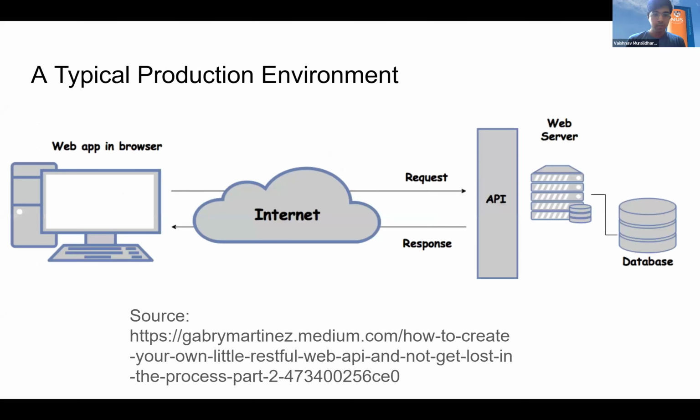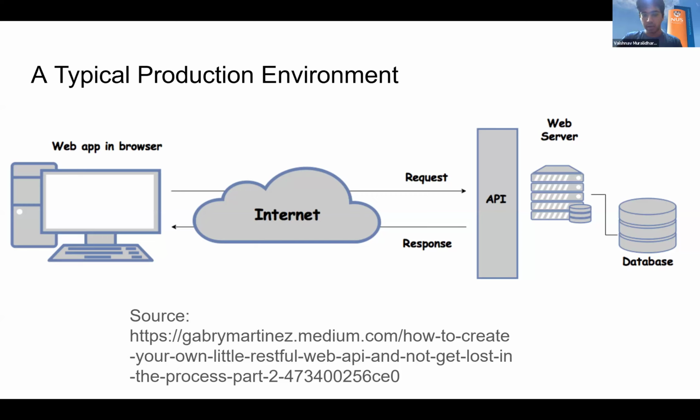A typical production environment for web applications would be: you have a web app that's running on your browser, that's basically your client. Your client communicates over the internet with a REST API service. The reason you have a REST API service is, one, it's a good interface with your database. The second is that your web service will be running some sort of business logic or application logic that is needed to process each request, and it's not feasible to run those requests from your front end.